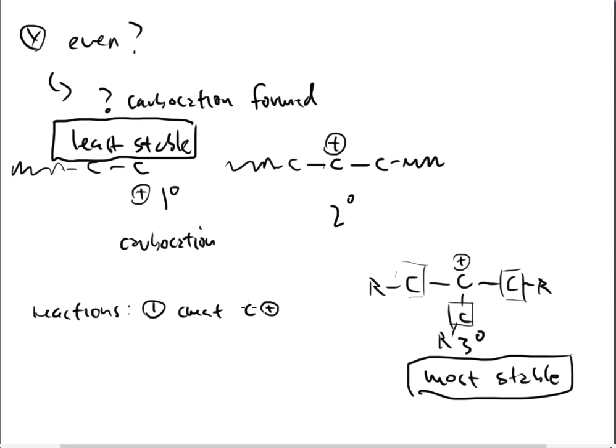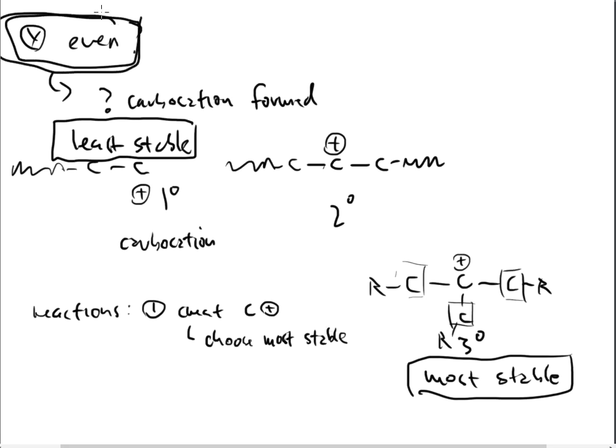Hydrogen goes on, attaches, and the carbocation is formed that will then attract the nucleophile to come in and attach to that molecule. However, we need to keep in mind that a carbocation does form, but we need to look at all choices, and we need to choose the most stable out of the options, especially if the molecule is not even.